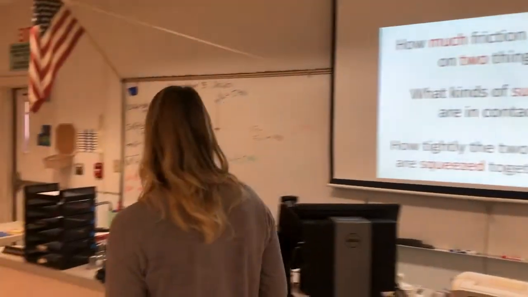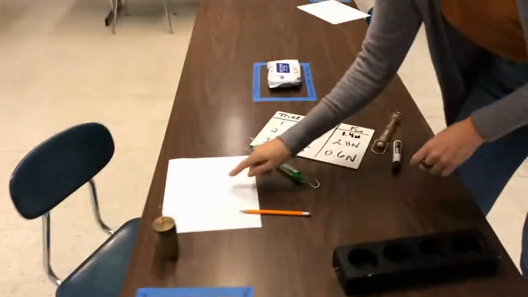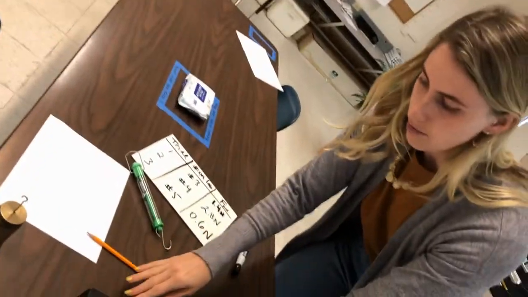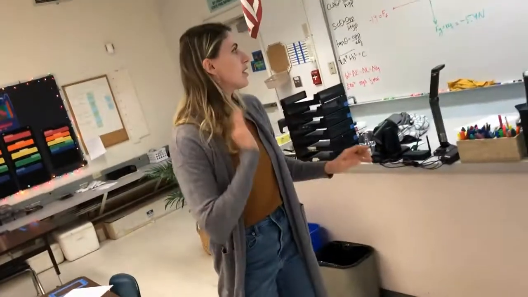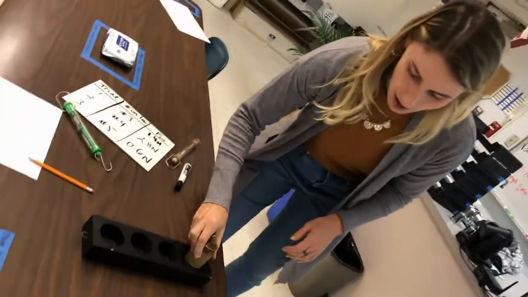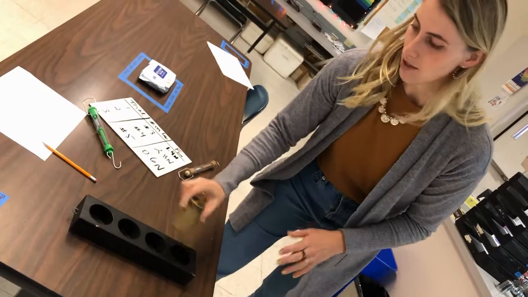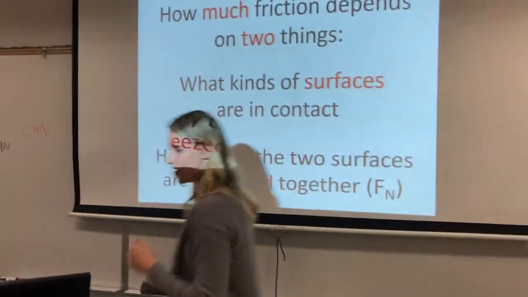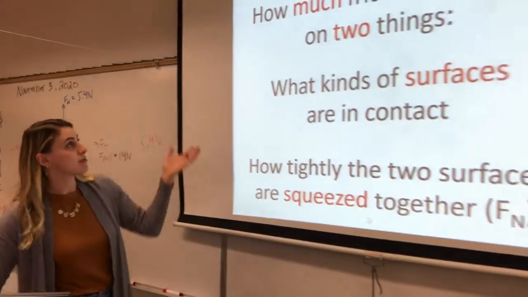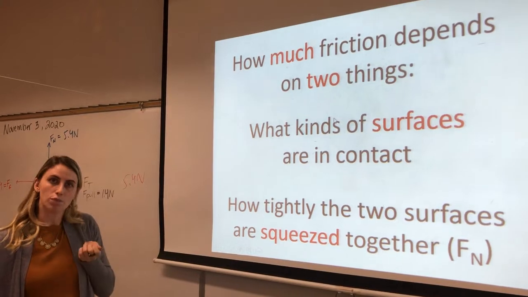We changed the type of surface by adding a paper here instead of it being in contact with the table. Then we increased the squeezage by adding a mass. More squeezage, squeezing together the table and the block. And so we changed those things, and we saw that it changed the force it took to pull.